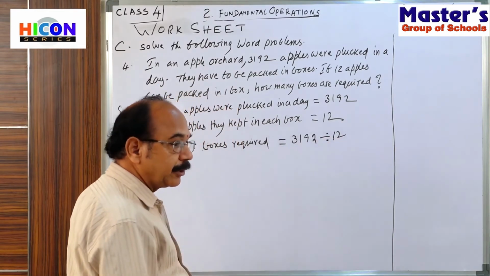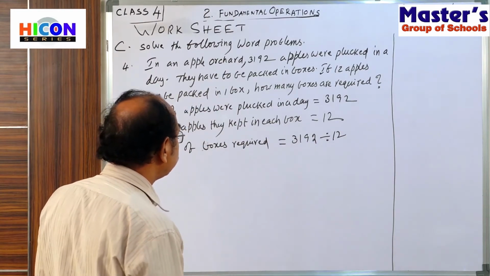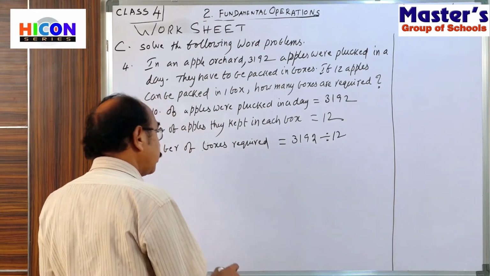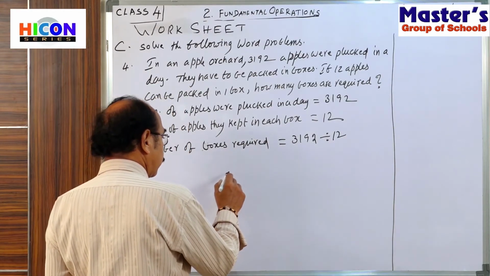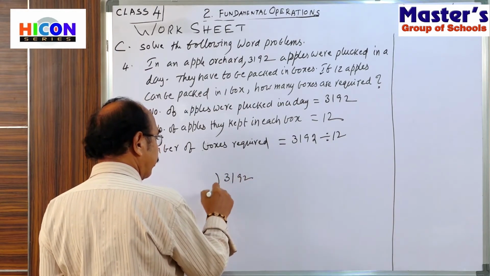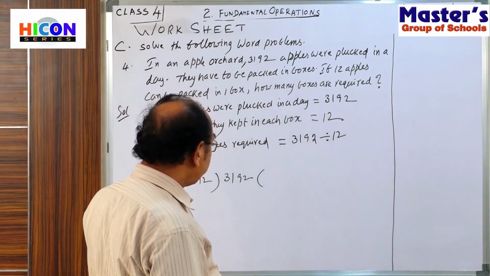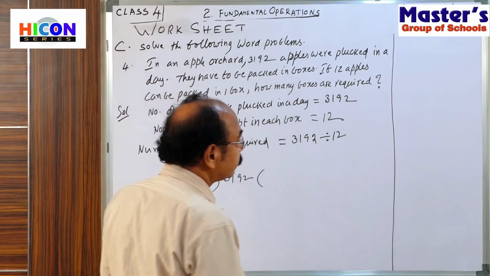Okay, children. So 3,192 divided by 12. Write the multiplication table of 12.